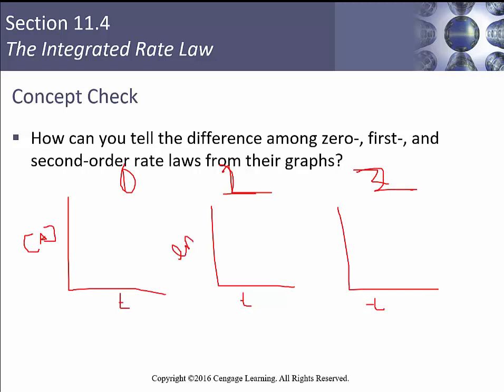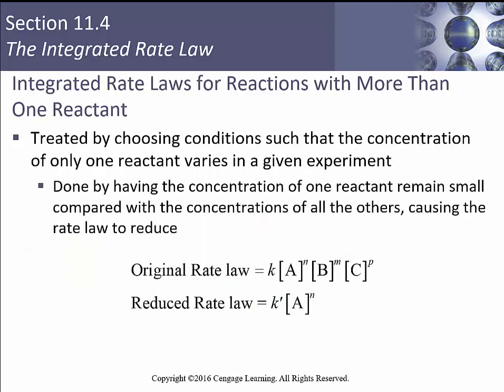This guy's going to be for the first order. It's a big one, natural log. And for our second order, it's going to be 1 over the concentration. Whichever one is going to give you the straight line is going to tell you what your reaction order is.